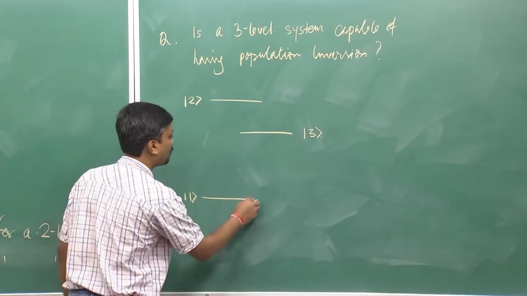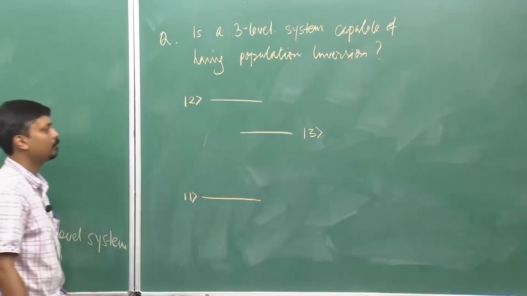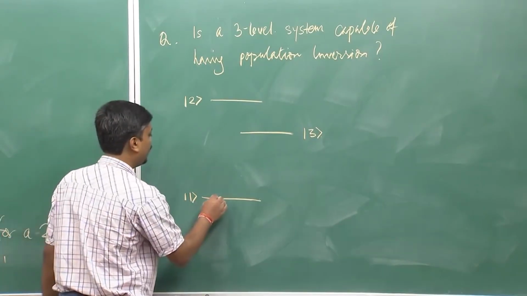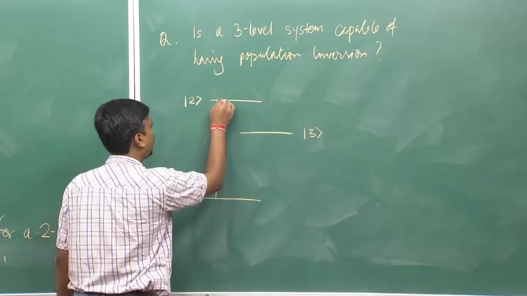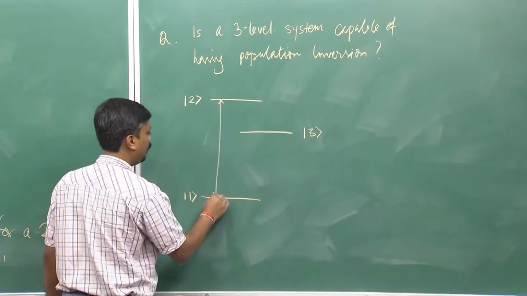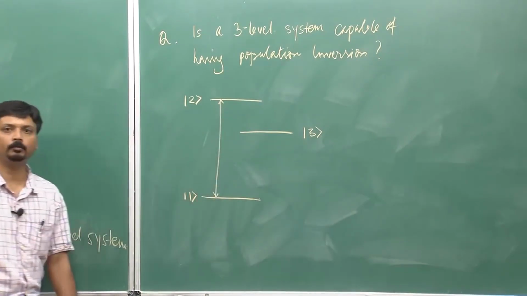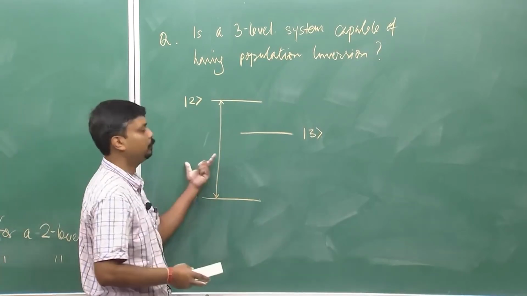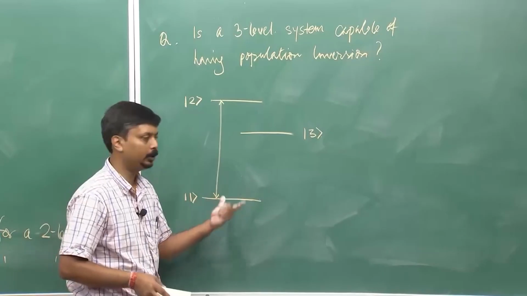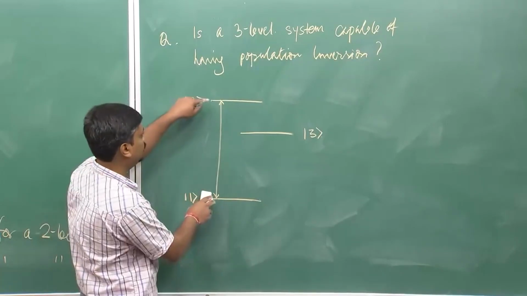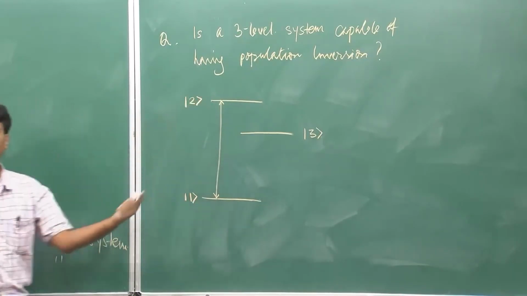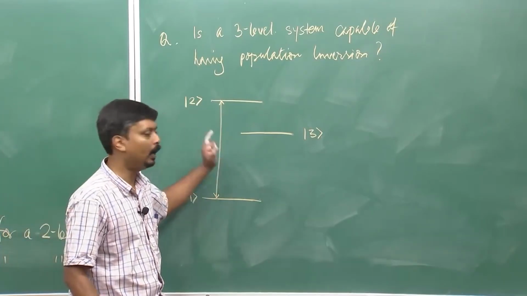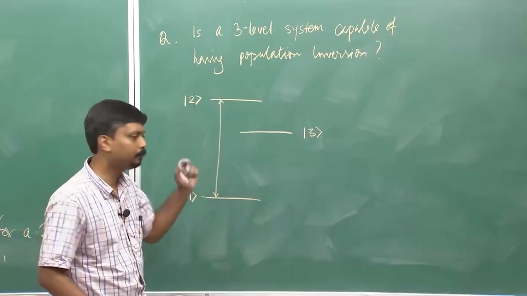Now, what are the possibilities that we have here? We can have absorption as well as emission from this state. I can have spontaneous emission, I can have stimulated emission. If I just consider these two levels, it is a fairly 2-level system, so I know everything about it, I have already learnt it.